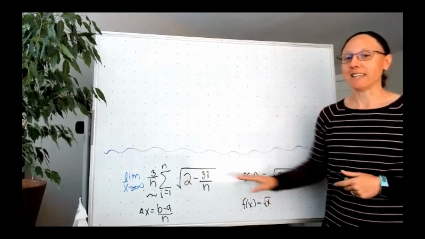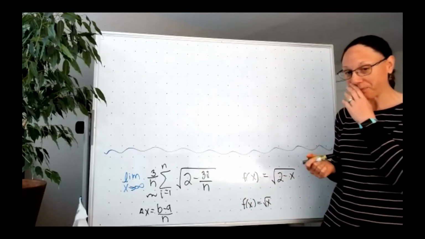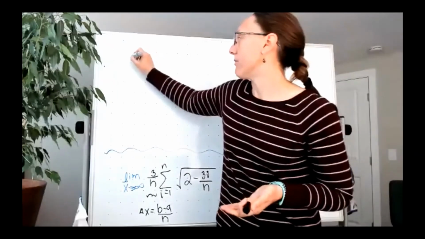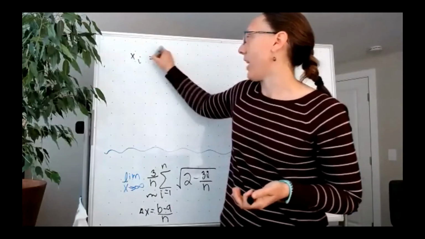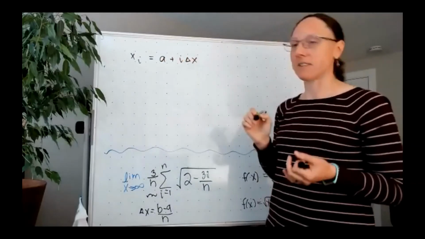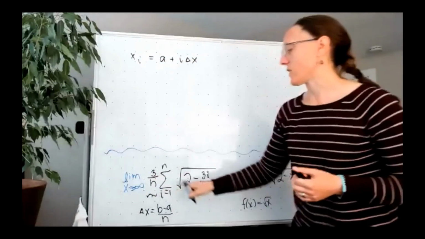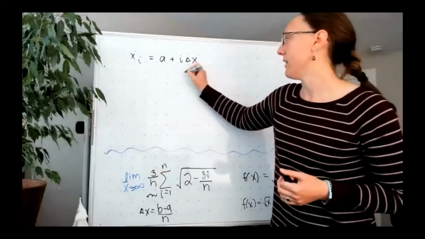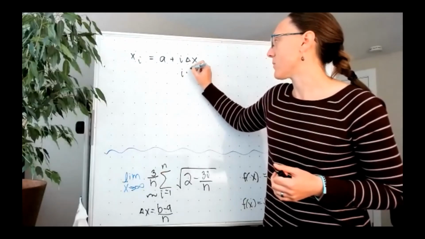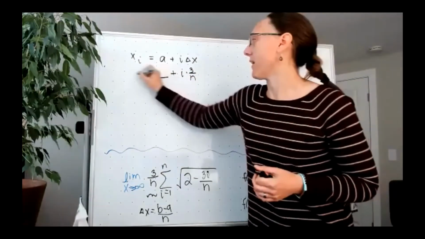So if you look at this and see the function as the square root of 2 minus x, then I know that our rule for what that x sub i should look like is a plus i times delta x. Well, we've already figured out that our delta x was 3 over n. So I'd have i times 3 over n, and then plus something.